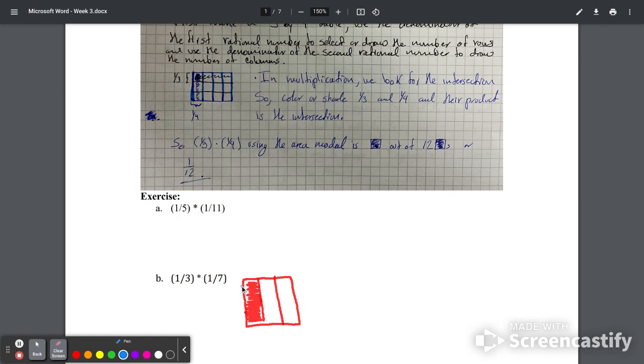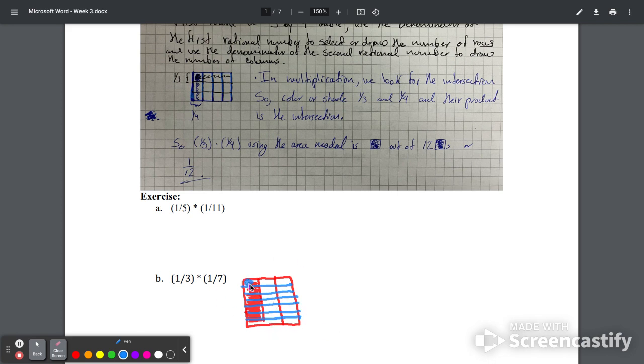That'd be 6 lines. So that'd be 1, 2, 3, 4, 5, 6. All right. So out of that, I have 21 equal spots. Out of the 21, one out of the 3, that's the red part. And then I've superimposed the 7 on top of that.